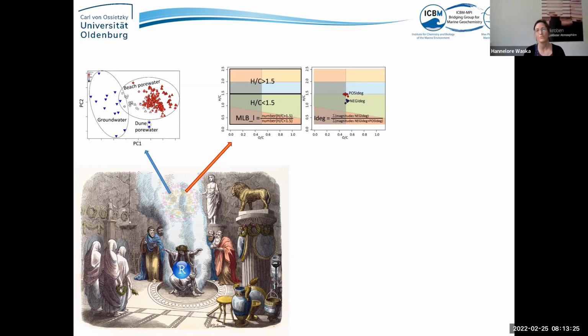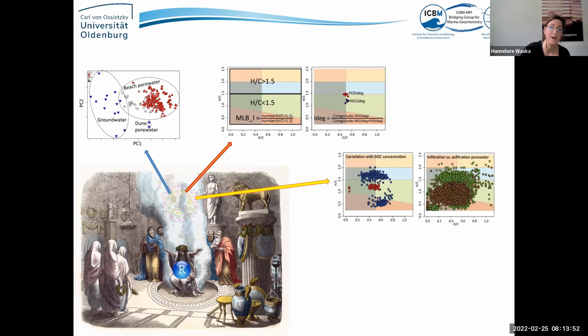And in a very similar way, we also do that with this degradation index, the IDEC, which is on the right side, except that in this case, we use a very specific bunch of molecular formulas which have been calibrated with radiocarbon age from the Atlantic. So the molecular lability boundary has been used for all kinds of different types of samples, and the IDEC has been used mainly for open ocean marine samples.